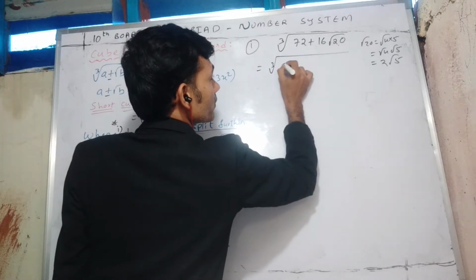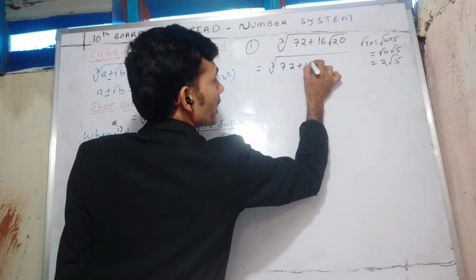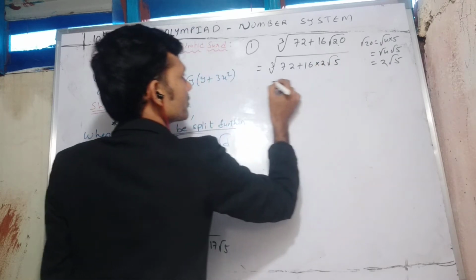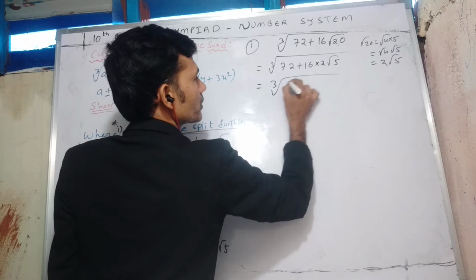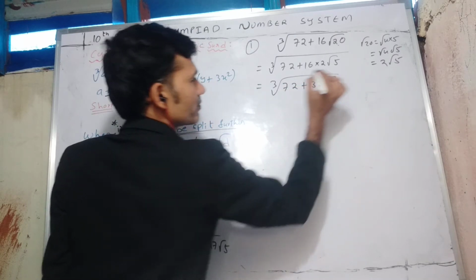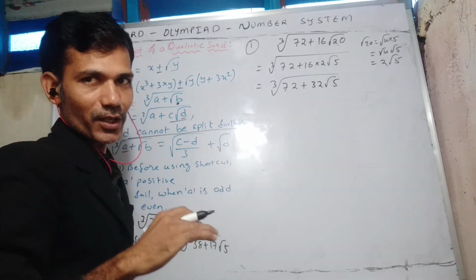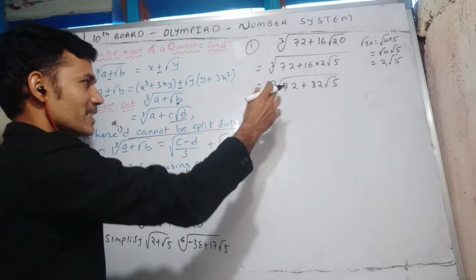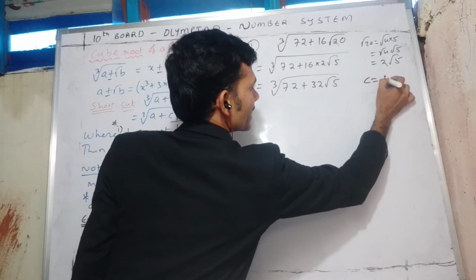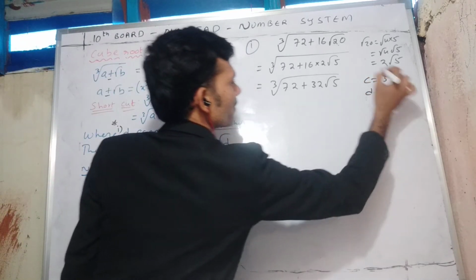The cube root of 72 plus 16 root 20 we can write with 2 times root 5, so that will be the cube root of 72 plus 32 times root 5. Now this 5 cannot be split further. That is the d value. So c and d values we got: c is 32 and d is 5.